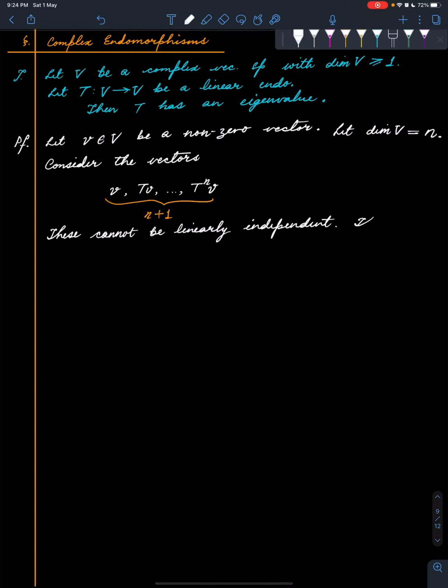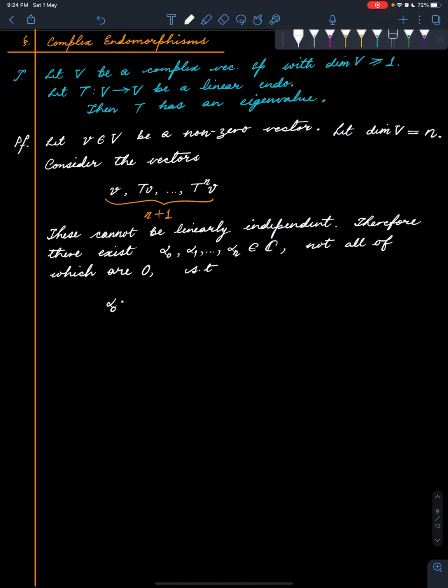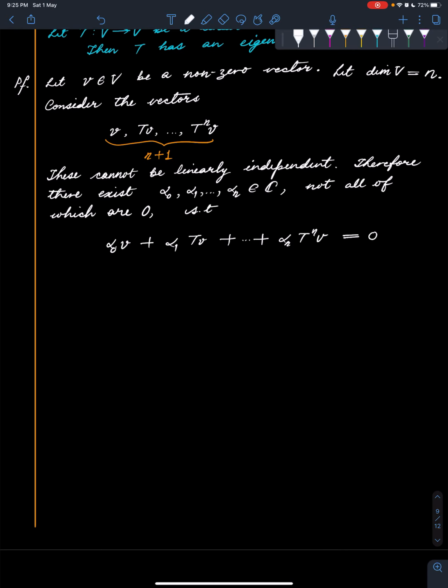And therefore, there exist scalars, meaning there exist complex numbers alpha 0 through alpha n in C, not all of which are 0, such that the linear combination vanishes. Okay, and now we'll use polynomials.